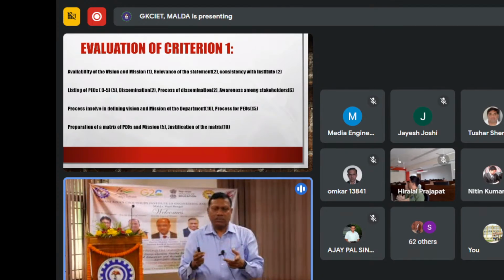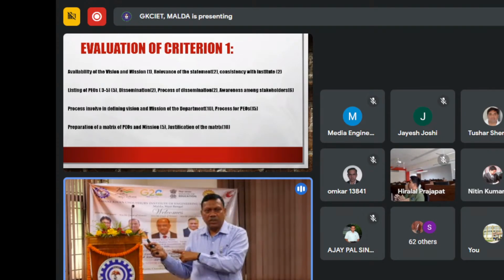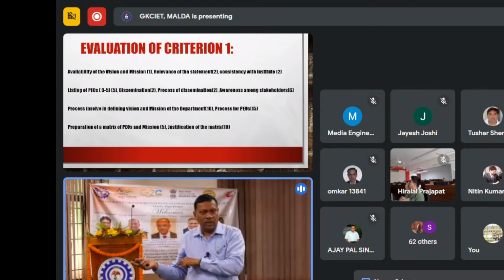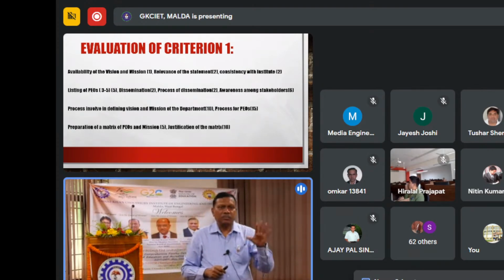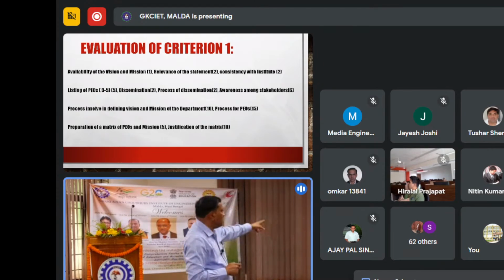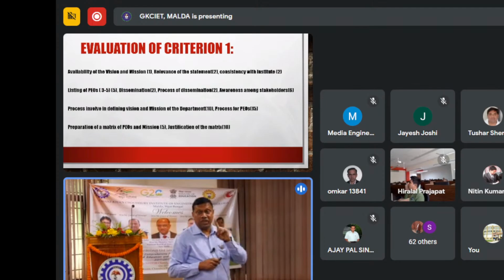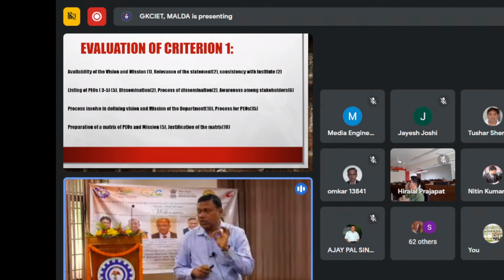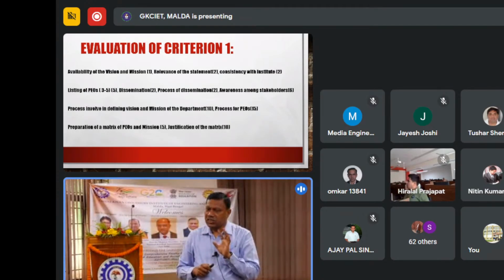Then once the final statement is received, BOG agenda, it has been taken, BOG approval has been given to that. All these processes are systematically recorded and kept in the file, then only you get a mark there, otherwise there is a possibility of losing 4 marks there. The standard score for this particular criteria is basically 6.